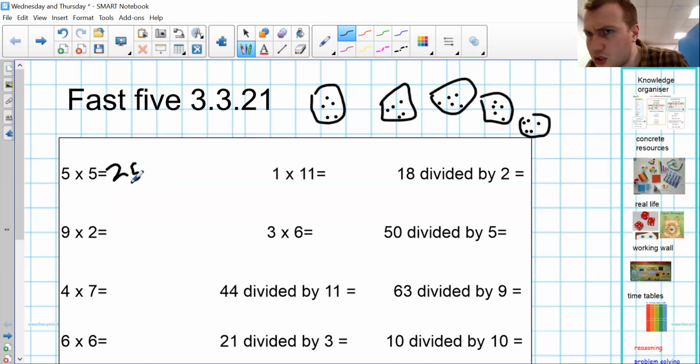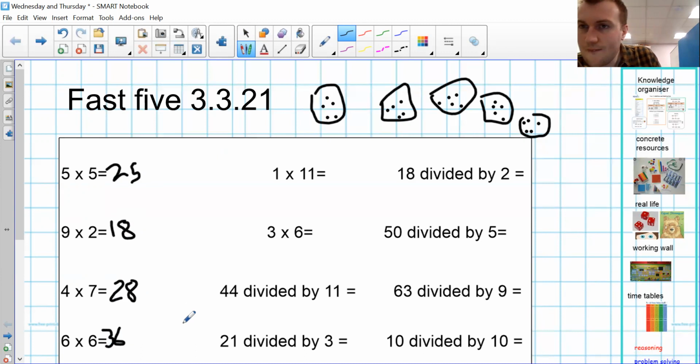Okay, 9 times 2 should have got 18. 4 times 7, yes, it is 28. Well done. 6 times 6 is, of course, 36. 11 times 1, when we times something by 1, it always stays the same. So it's just 11. 3 times 6 is 18.